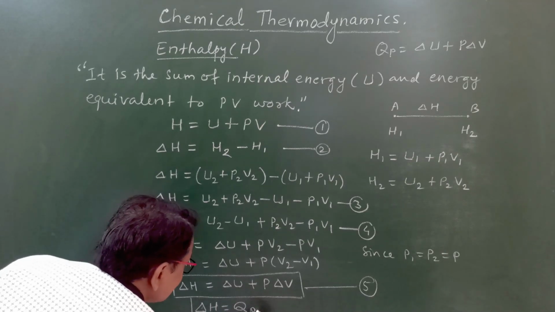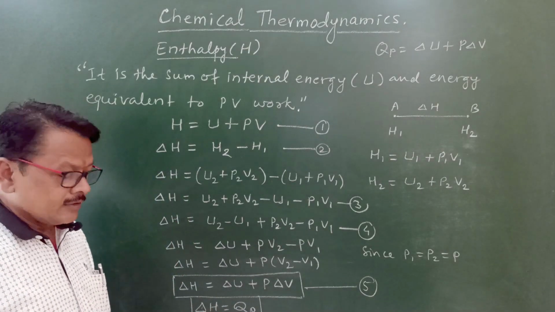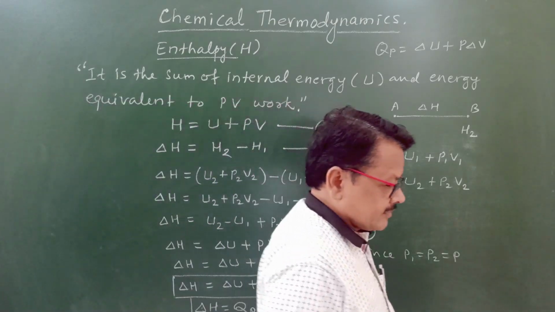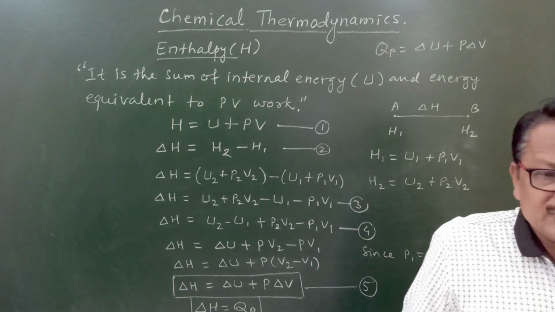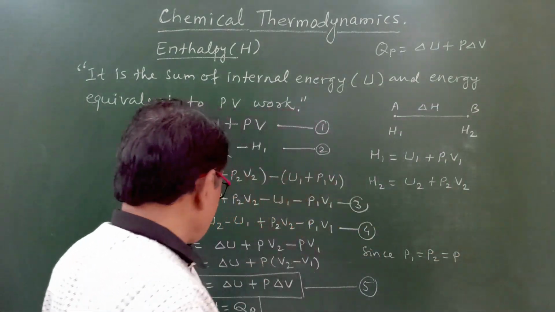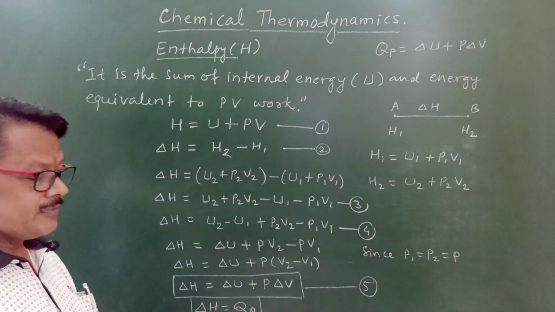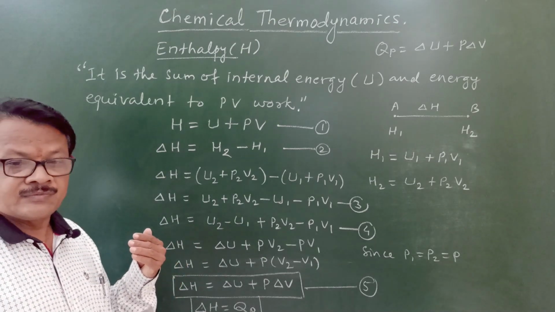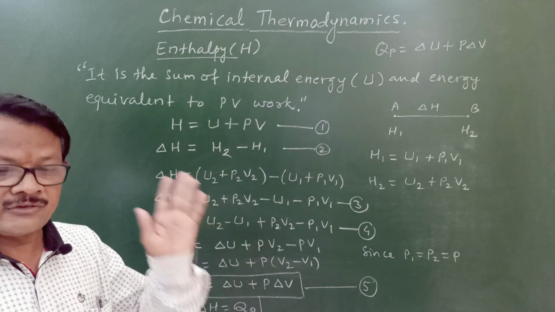Delta H is equal to QP means the enthalpy change is equal to the heat transferred by the system at constant pressure.